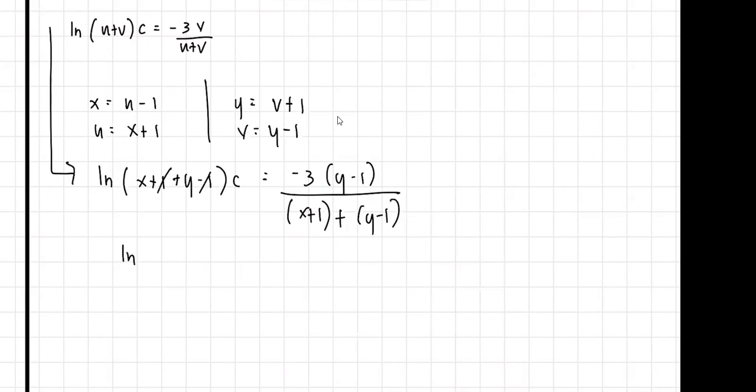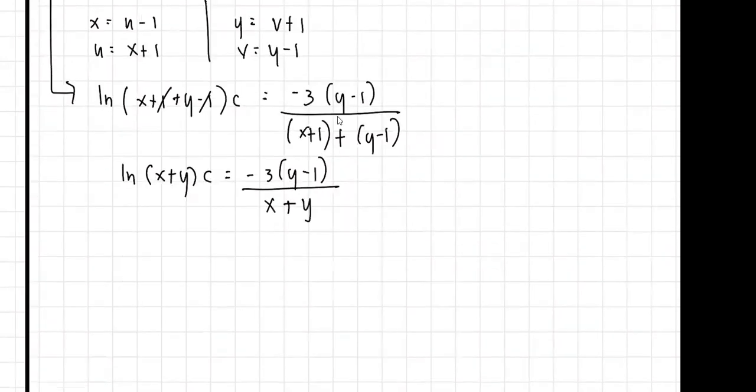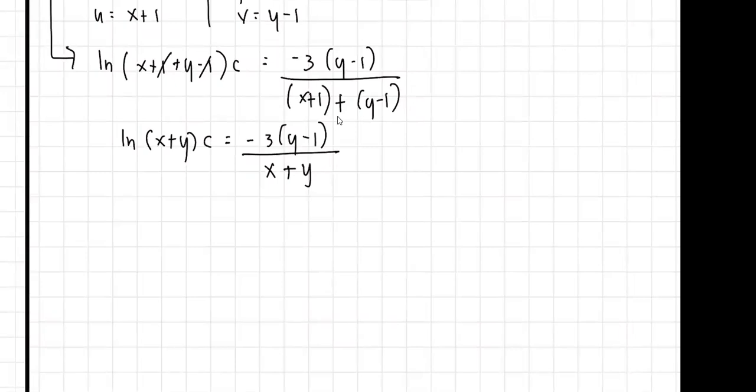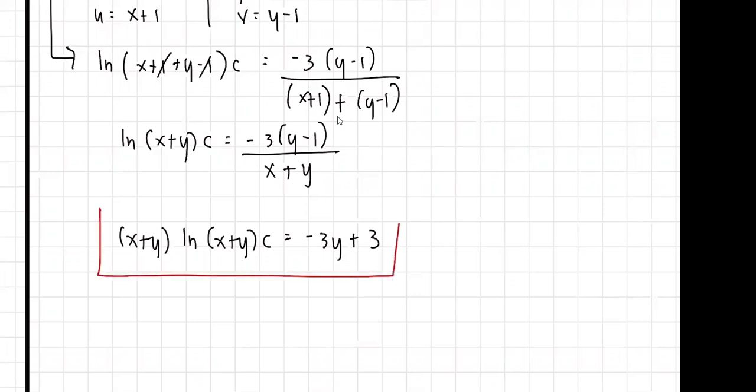So, we have ln x plus y c is equals to negative 3 y minus 1 all over x plus y. Okay? Then simplify pa natin. So pwede itong maging cross multiply, x plus y c is equals to negative 3y plus 3. So this will be your solution for the given problem.